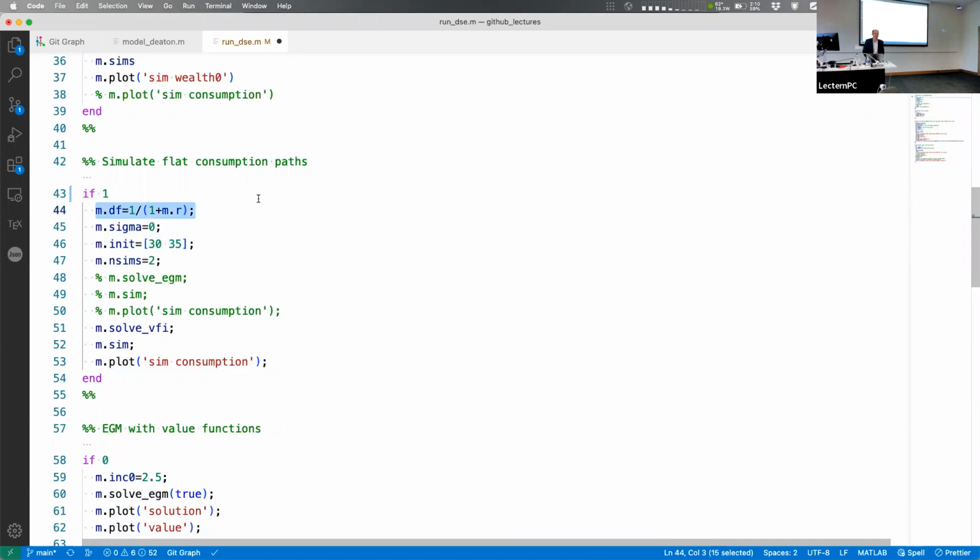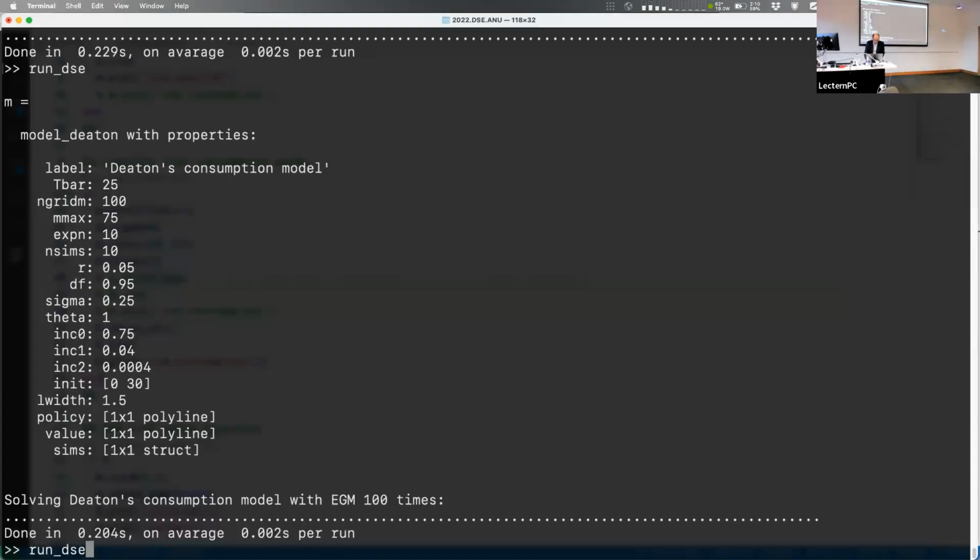You would see here that I'm setting the discount factor to be exactly 1 over 1 plus the interest rate. And if you do the math, this is a deterministic model. The Euler equation ends up being that you just want to have the same level of consumption in every time period. Okay, and solving with VFI, we can see.